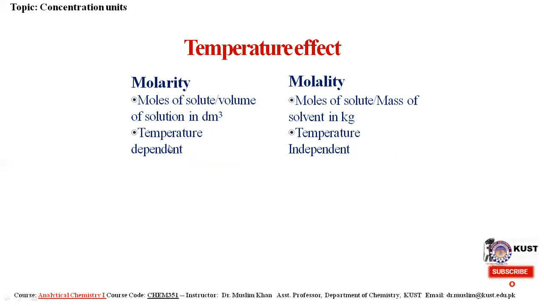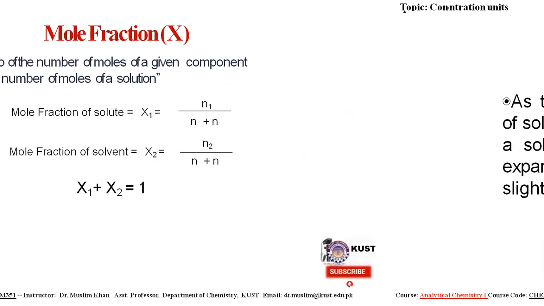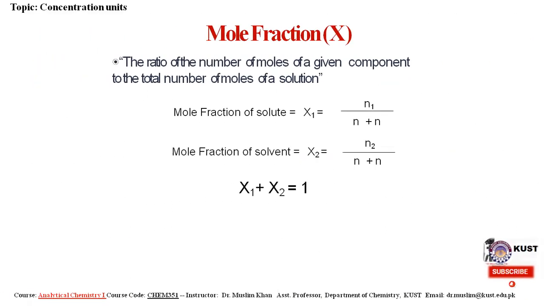But when you go to altitude or somewhere the temperature increases or decreases, it means that molarity is a temperature dependent unit, while molality is a temperature independent unit. This was the small thing I wanted to tell you, because usually these types of questions are asked in competitive exams.